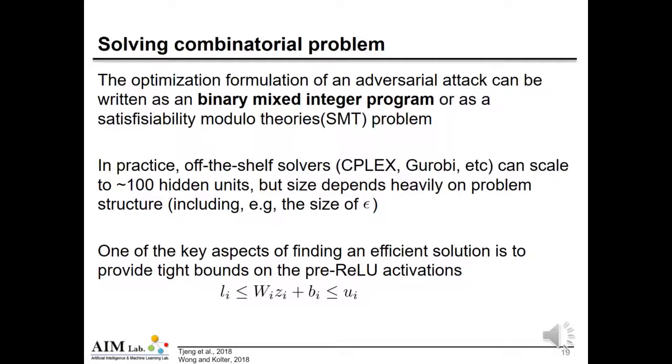In practice, these solvers can scale to hundreds of hidden units, but it depends heavily on the problem structure, so it can only be applied to small networks and give us the worst you could do on any given task. And one of the key aspects of finding an efficient solution is to provide linear bounds on the pre-activation values.